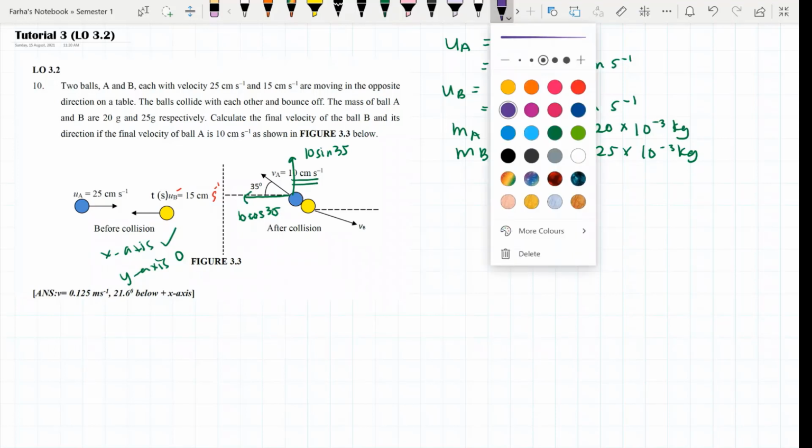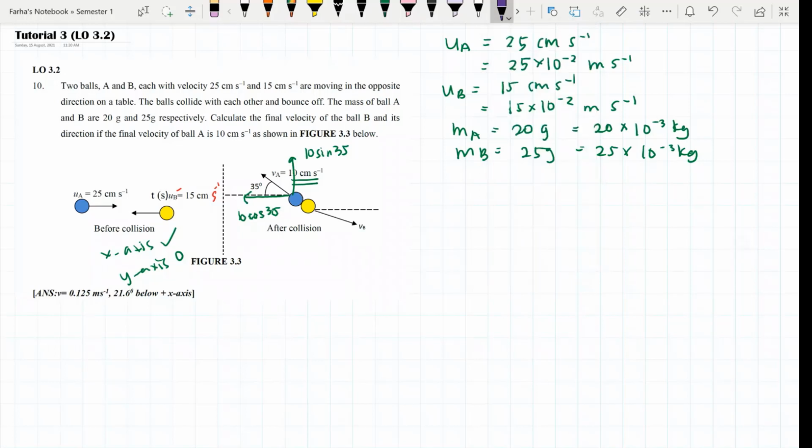Okay, after that kita resolvekan pula VB. VB yang kita nak cari. Tapi sekarang theta pun tidak diberi, so kita just labelkan sebagai VB in x component, VB in y component. So remember that VBY is negative because the direction is downward. And also for the 10 cos 35 tadi, pun negative sebab direction is to the left.